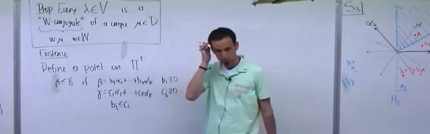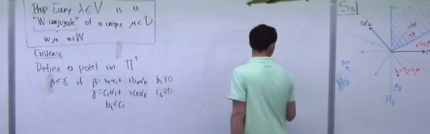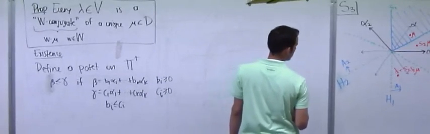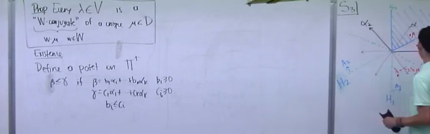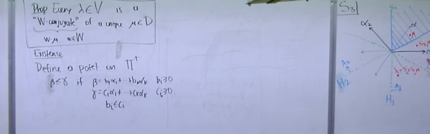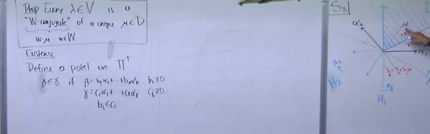So for example, what does this poset look like for this case? Well, what you have to do is take each positive root and write it as a combination of alpha 1 and alpha 2. This is alpha 1 plus 0 alpha 2. This is 0 alpha 1 plus alpha 2. And this one right here, do you remember what it is?